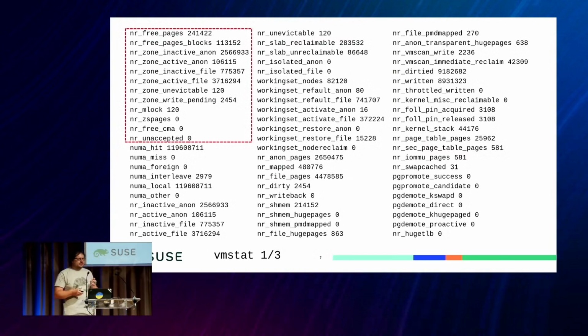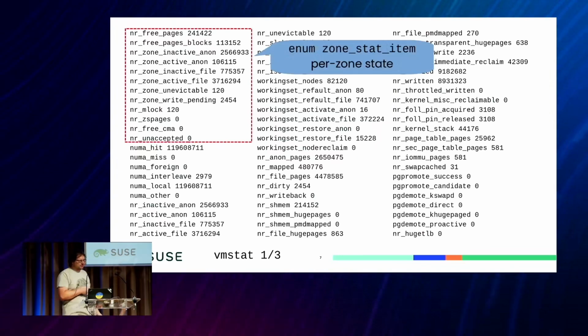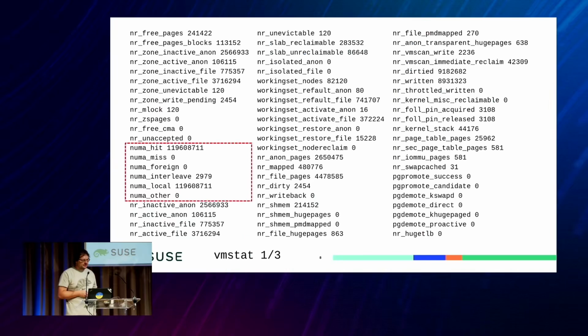And with that, we can quickly see what counters are available and how they are internally divided into sections that have different properties. So we have a block of counters that are state, the NR ones, and they are per zone, and they are used internally by the page allocator and reclaim, and also exported in vmstat.